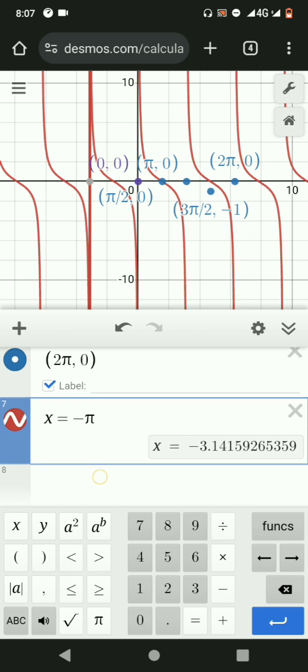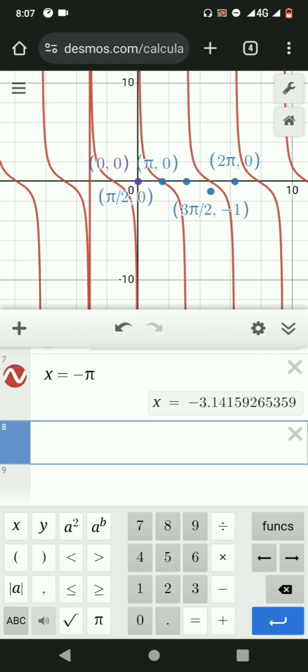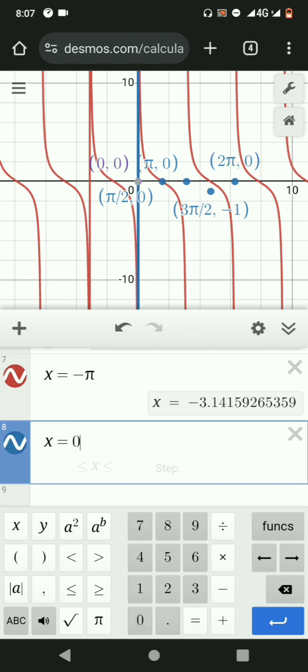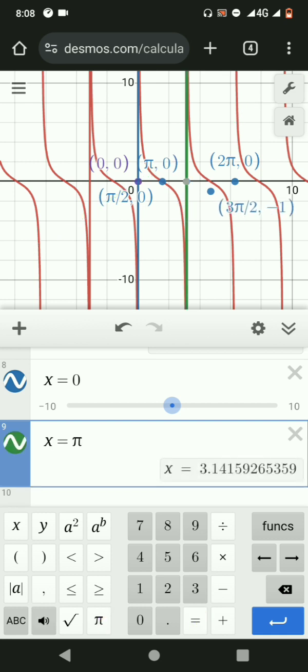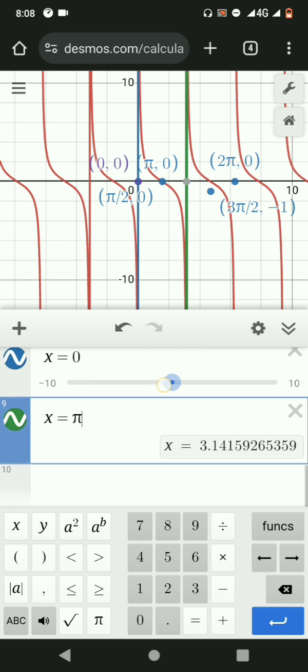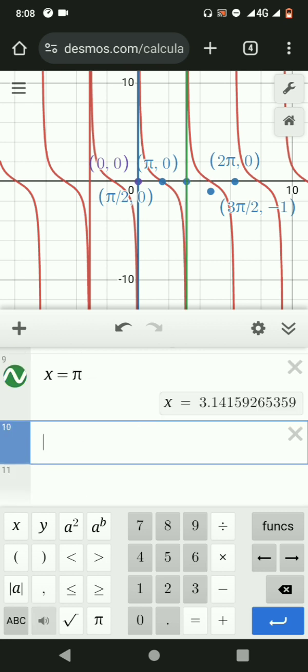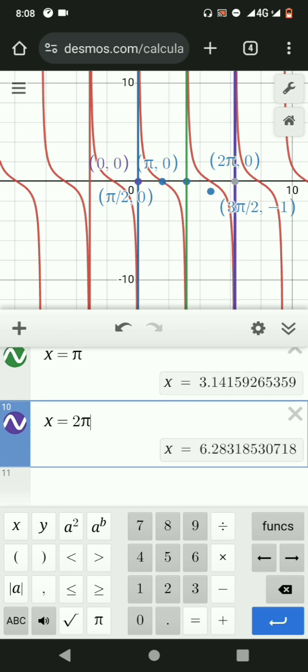Next is x is equal to 0 and x is equal to pi, and lastly we have x is equal to 2 pi.